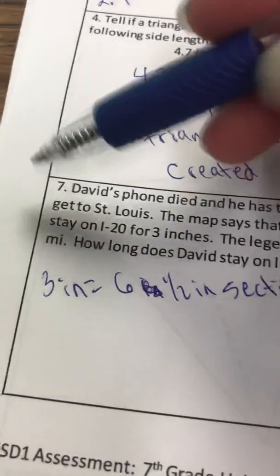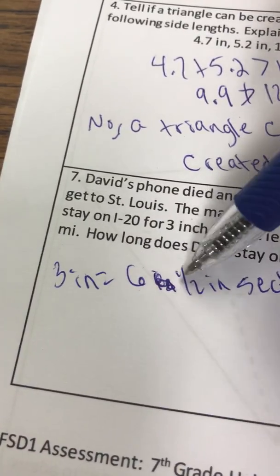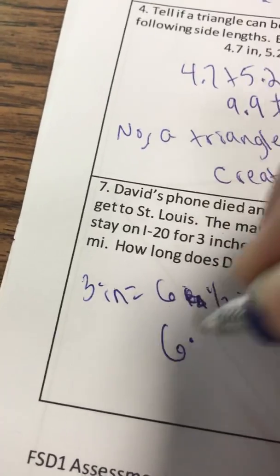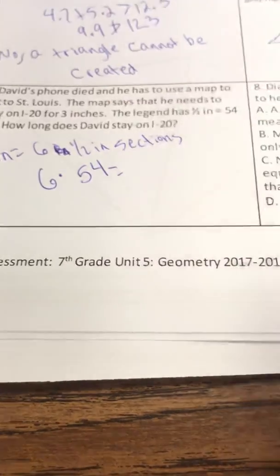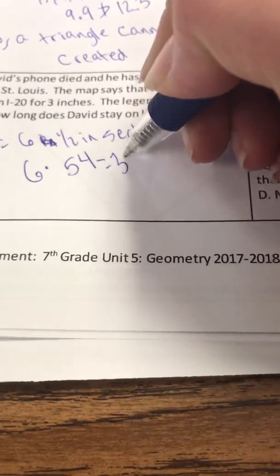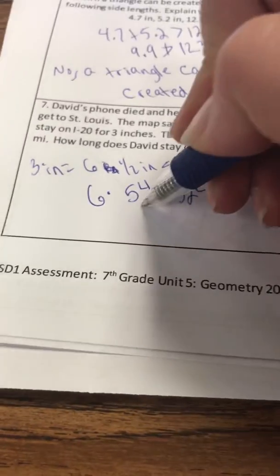So, we're going to multiply 6 times 54 miles because each 1/2 inch section is 54 miles. That is 324 miles.